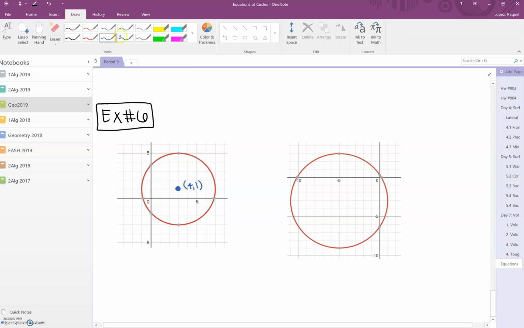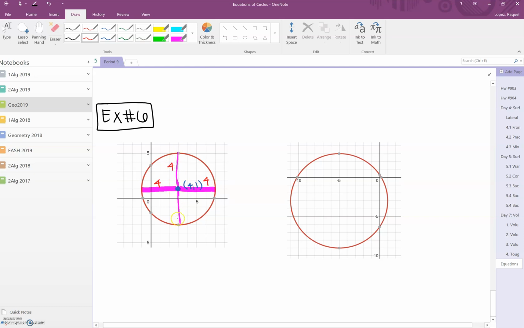So now what I like to do to double check is to just draw my lines going directly across and up, and just to make sure that it is the same distance all the way around. So I see 1, 2, 3. This is 4 units to the left. 1, 2, 3, 4. Also 4 units to the right. 1, 2, 3, 4. 4 units up.